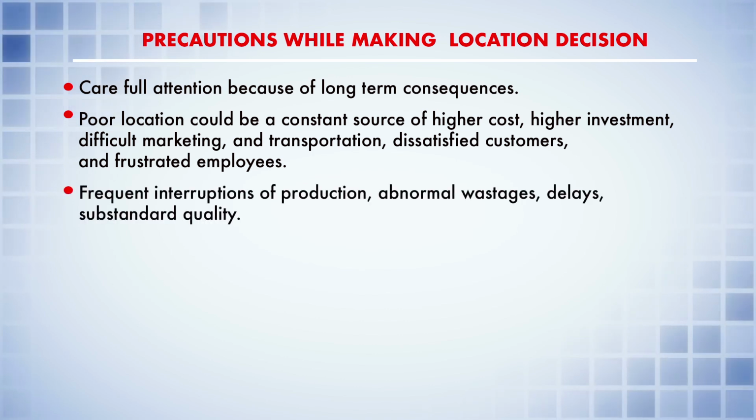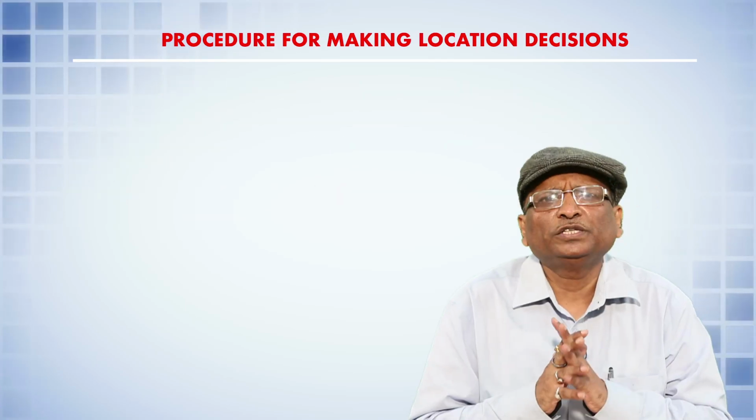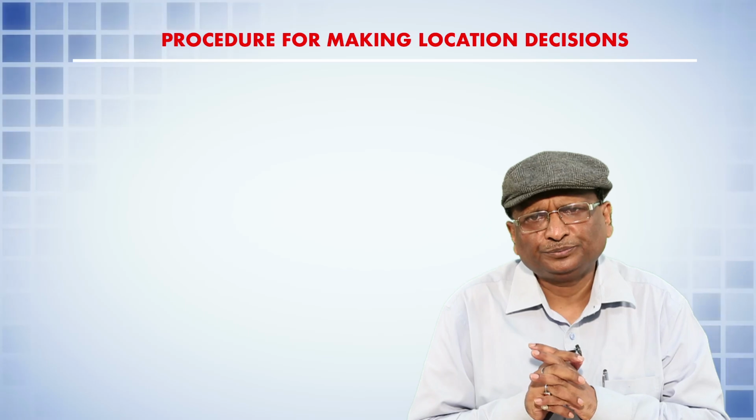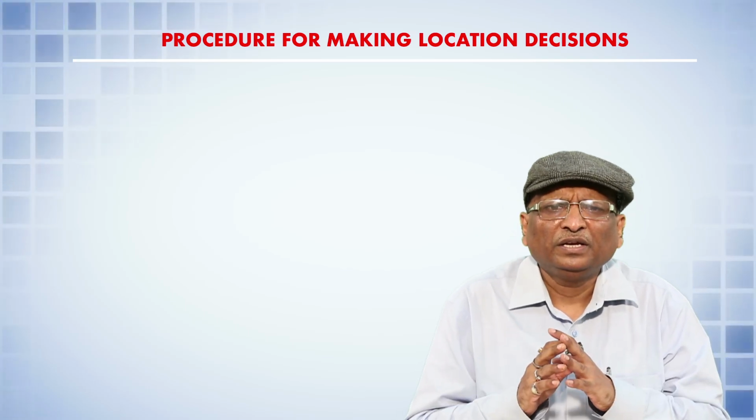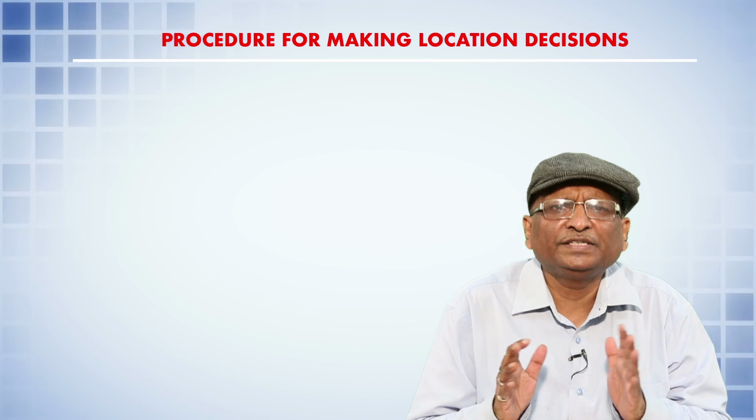There are chances of disruption in production, there are chances of strikes, there are chances of substandard quality products. So, you have to take precautions while making a proper location decision. Now, what is the procedure for making the location decision? Because as we see, it is not very easy.